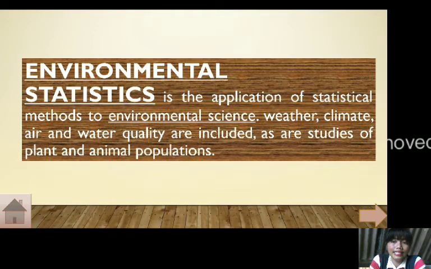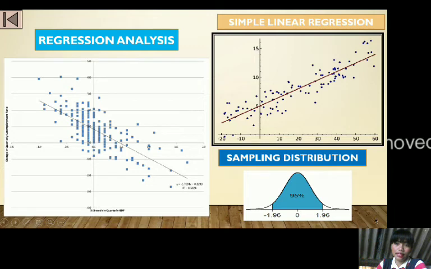Descriptive statistics is not used to make inferences about data but simply to describe its characteristics. That is in environmental statistics. Also, inferential statistics is used to make inferences about data, test hypotheses, and make predictions. That is in environmental statistics. So here are the examples of statistics in environmental statistics.